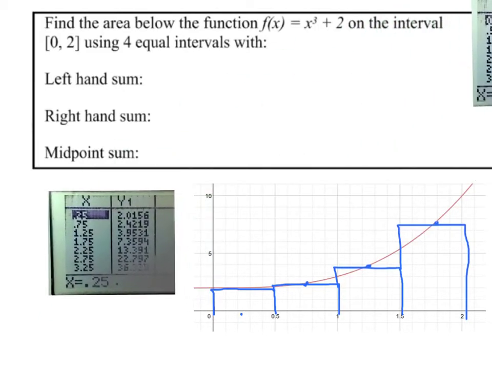But let me bring on here the other values. So now you can see our widths are still 0.5, but here 2.016. I'm going to go 3 decimals. 2.422, 3.953, and 7.359. Okay, and that will give us our midpoint sum.